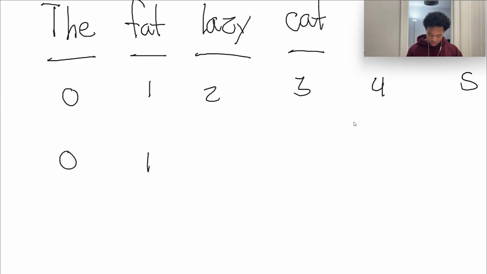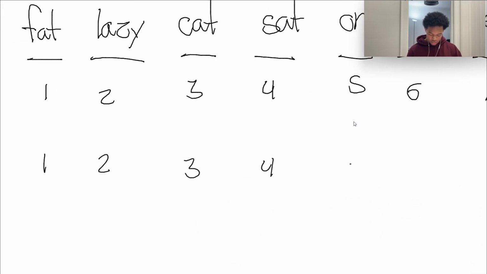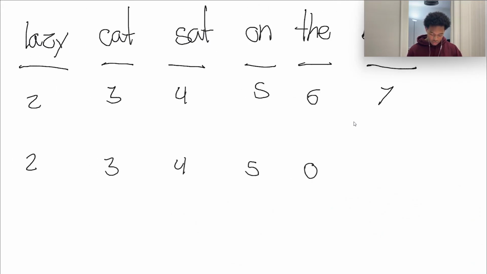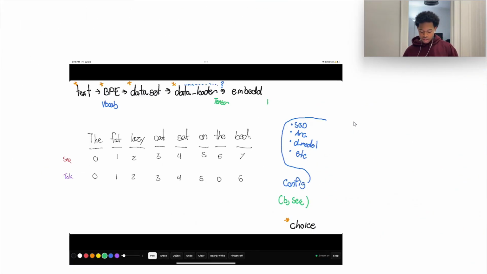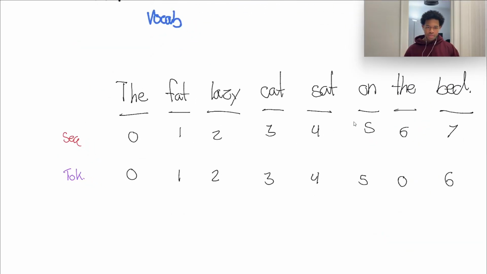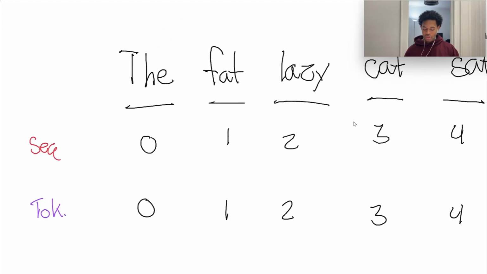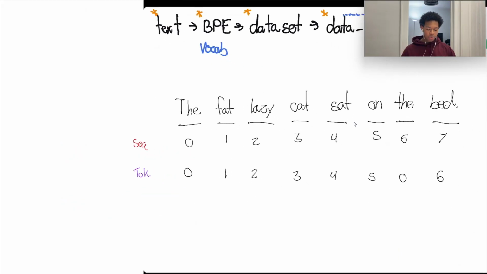So 2, 3, 4, 5, 0, 6. These numbers have nothing in common. I'm just choosing that 0 is both the first word in the sequence and the first token that we produce in our vocabulary. And the notable thing is its token ID.